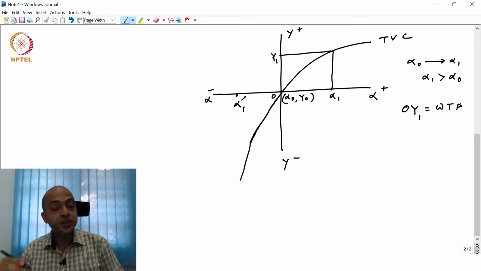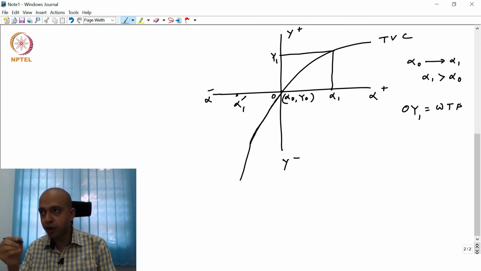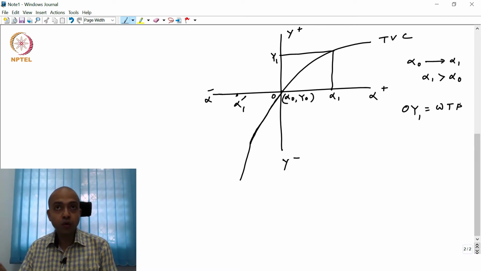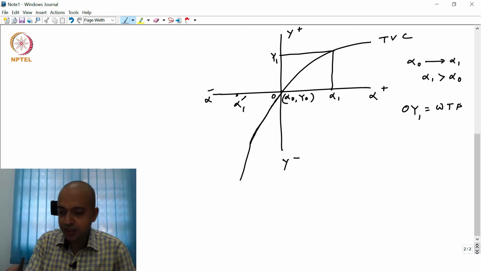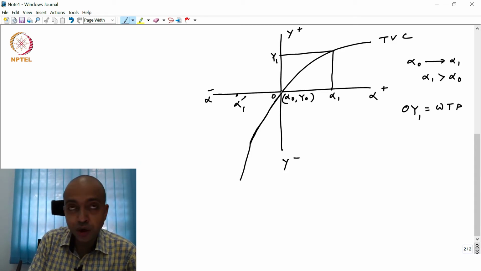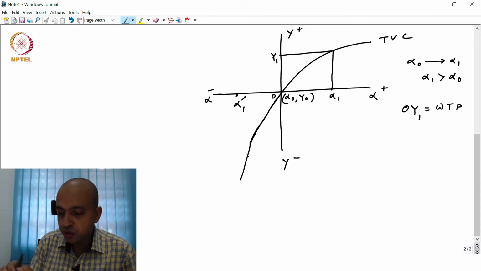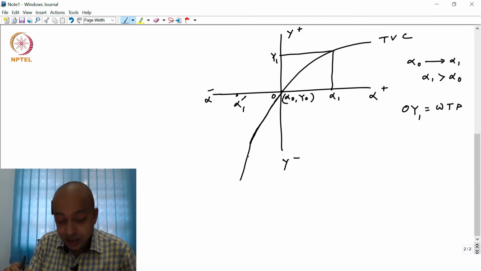Now when there is a deterioration in environmental quality, that means a degradation in environmental quality, similarly we can ask the respondent what compensation the individual would like to accept. That is called willingness to accept. Obviously when environmental quality degrades from alpha 0 to alpha 1 in the negative direction, the individual will like to accept compensation.